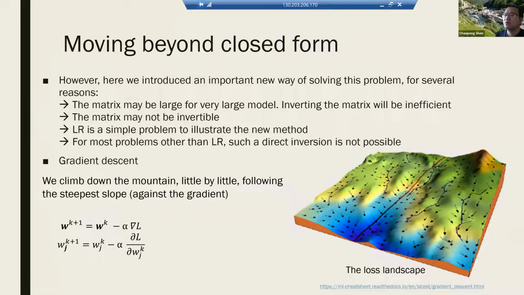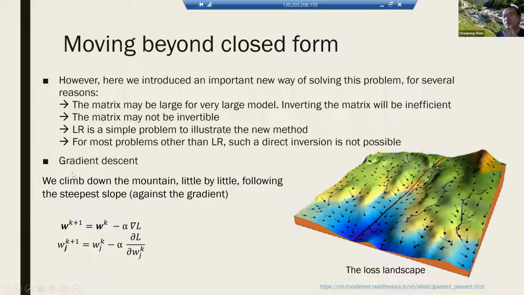Linear regression here serves as a prototypical problem where, once you understand how these core methods work, you can apply them to more complex models. For most problems other than linear regression, the direct inversion is not applicable.